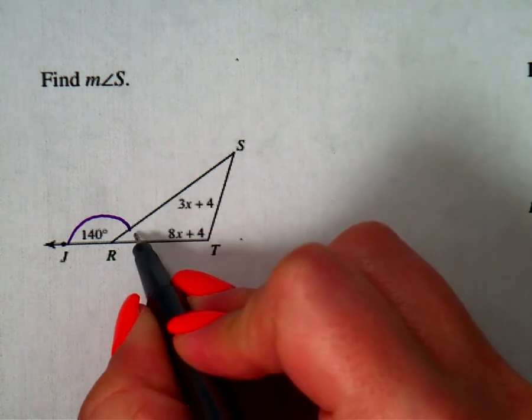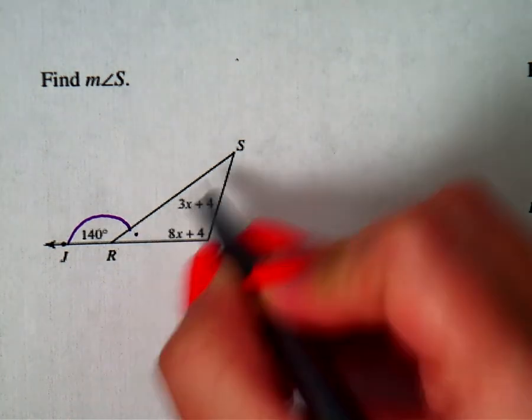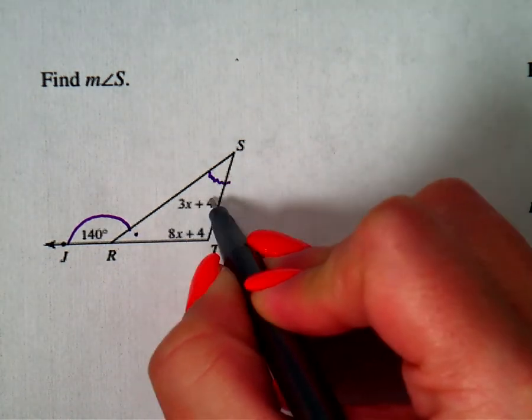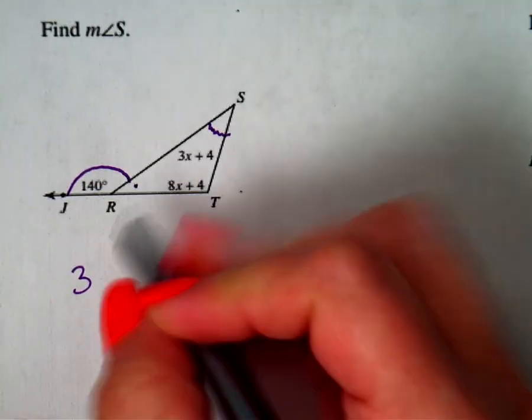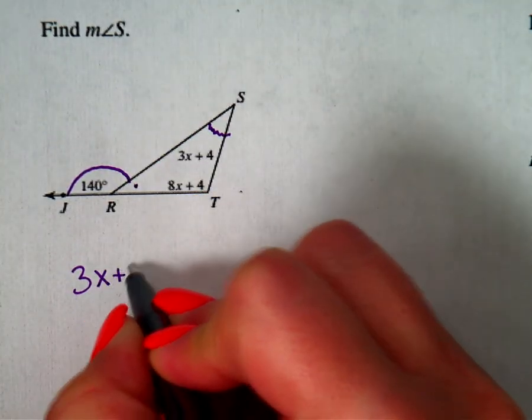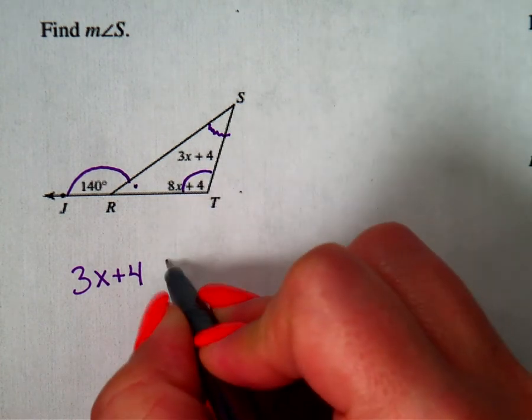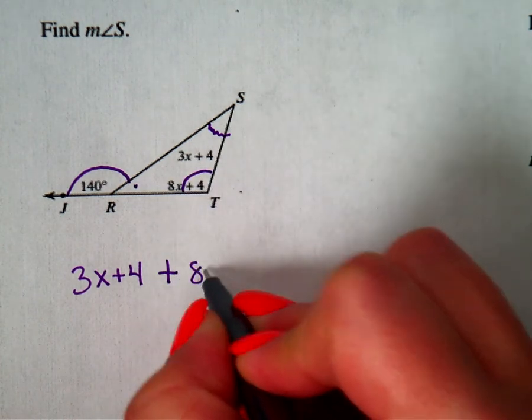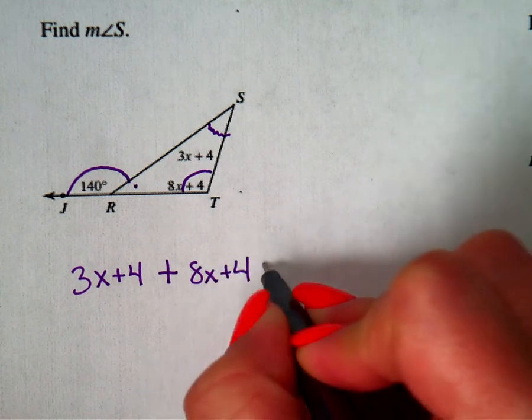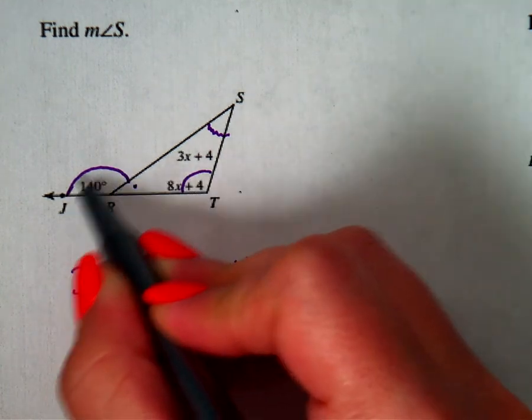That means this adjacent one is not going to get torn off. The two I'm going to tear off are this 3x plus 4 and this 8x plus 4. I'm going to add them together. And together they're going to fit perfectly out here in this 140.